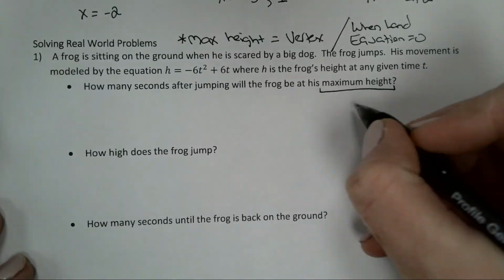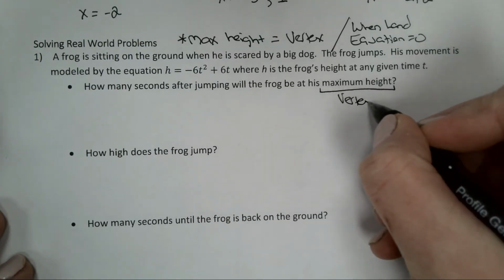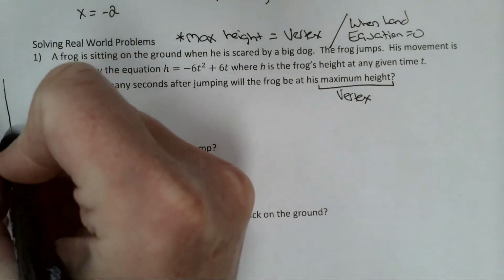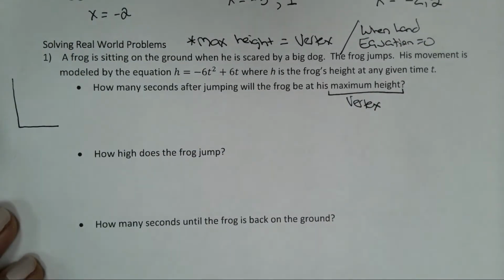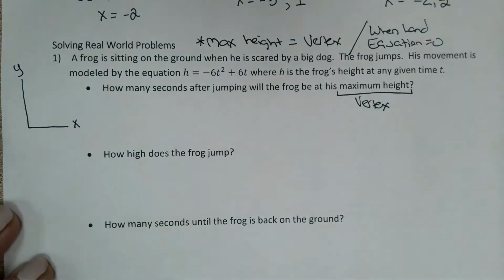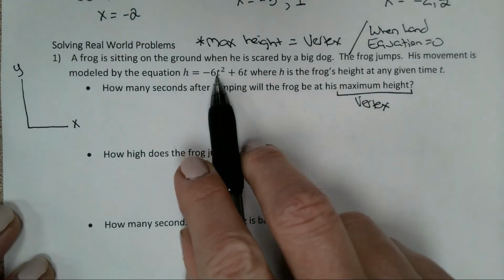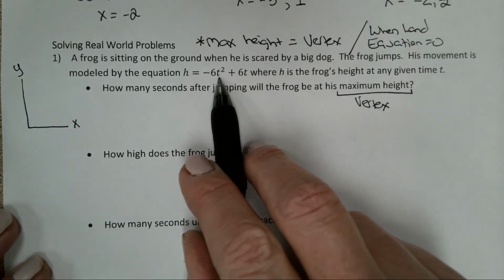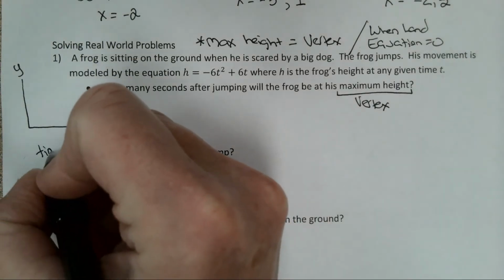All right, so we said maximum height is code for vertex. So if we sketched a little graph here, we have x and y. So if you look at your equation, where that t is, that's usually where the x is. So x and t must be the same thing.